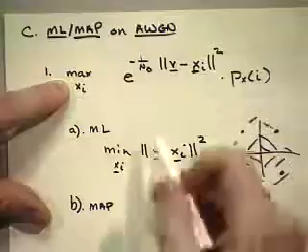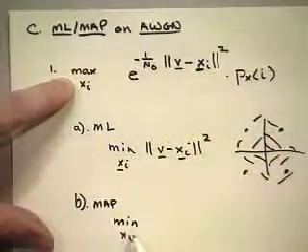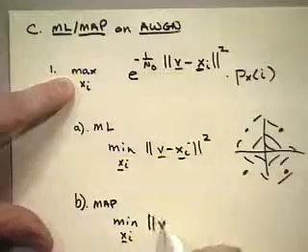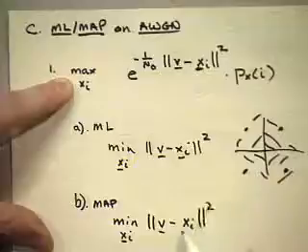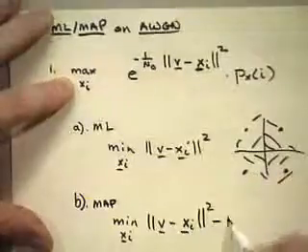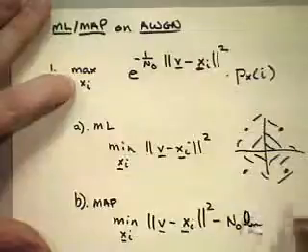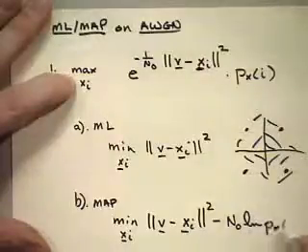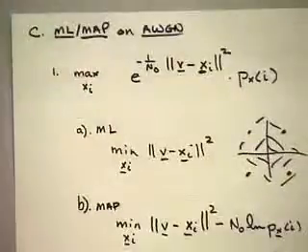If I take log of this function, get rid of the minus sign, then the map detector is almost the same form. It's got that nice distance term in it, but it gets augmented by a term that, if you work through the algebra, turns out to be N naught natural log of the probability distribution. So there's a little bit of an offset, so it's not quite picking the closest point.